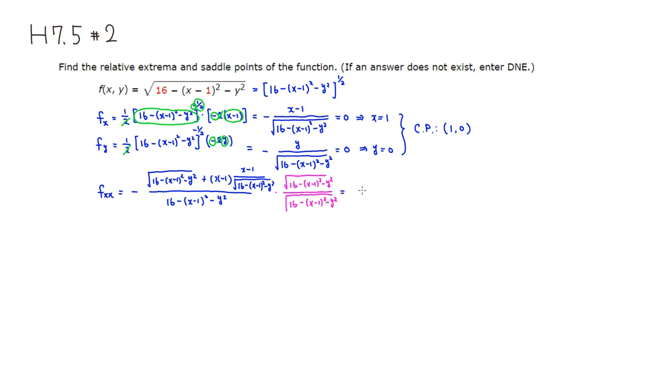The denominator is going to be the quantity 16 minus x minus 1 squared minus y squared, with a first power and a 1/2 power combined, so it's a 3/2 power.